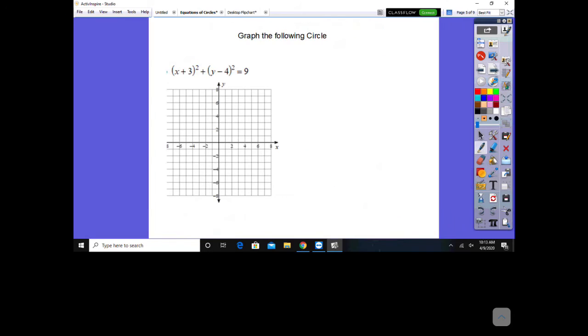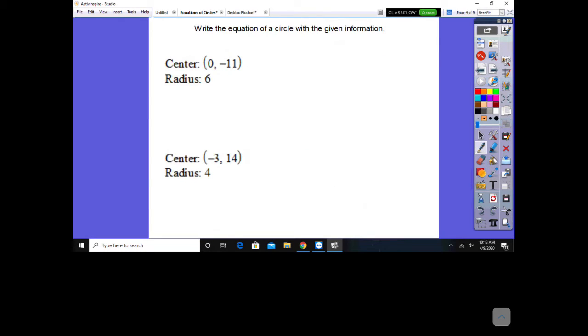Moving on here. This right here actually gives us the center and the radius. So with that formula, we're just going to do x minus the x squared plus y minus the y squared equals the radius squared.